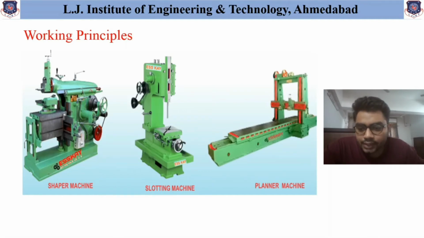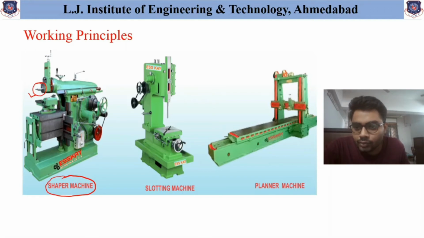Now as you can see, this first machine is the Shaper machine, and let us first have a look at the primary and auxiliary motion of this machine. This particular portion has the tool attached to this part.